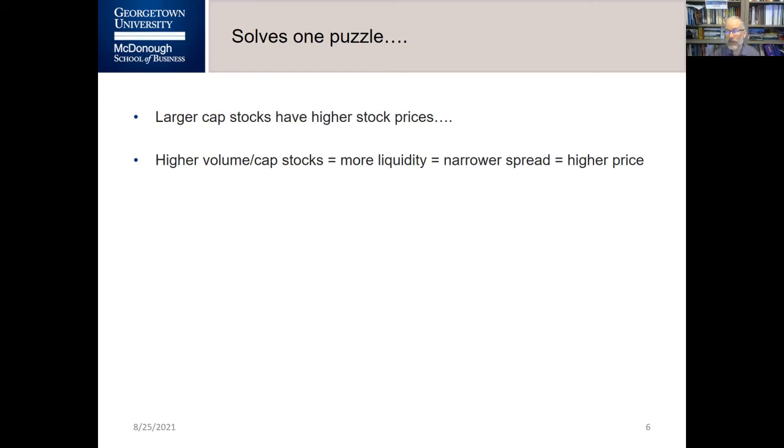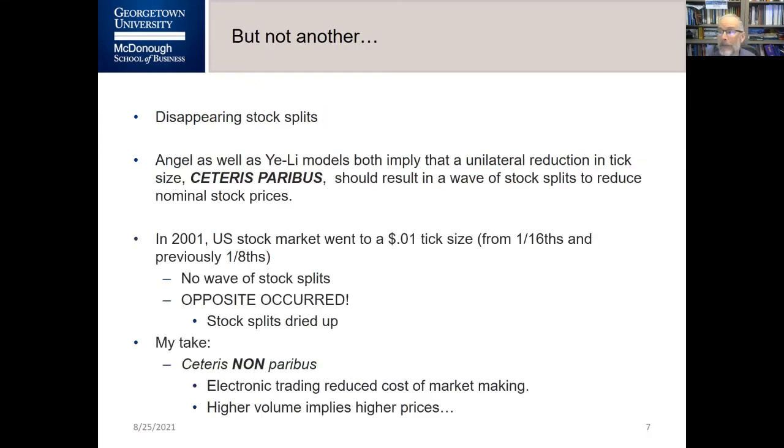That means a narrower spread, and that means a higher price. But there's another puzzle our models don't solve. That my model doesn't, Mao's doesn't, because in a ceteris paribus world, if you have a unilateral reduction in tick size, that should result in a wave of stock splits.